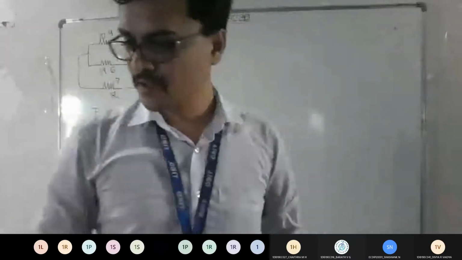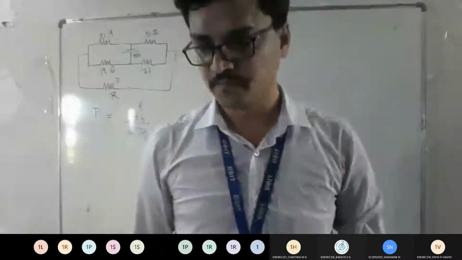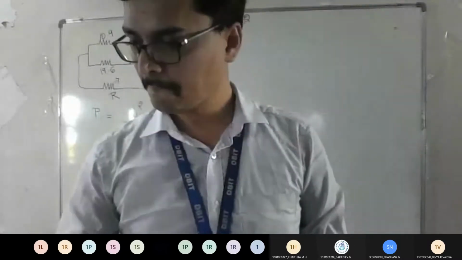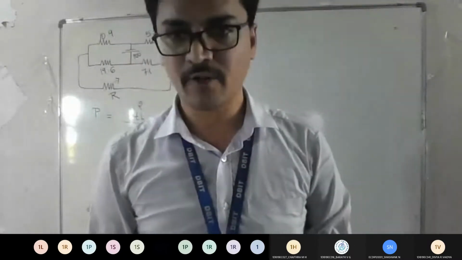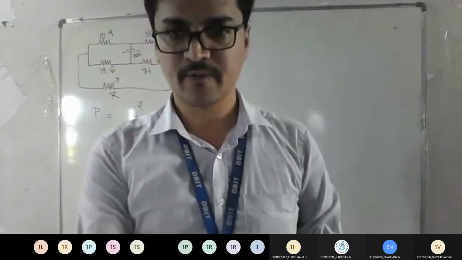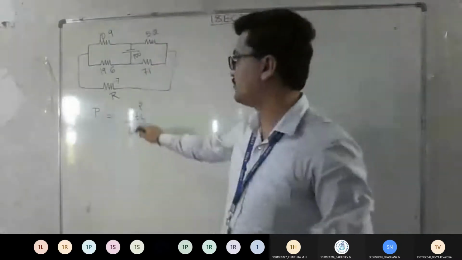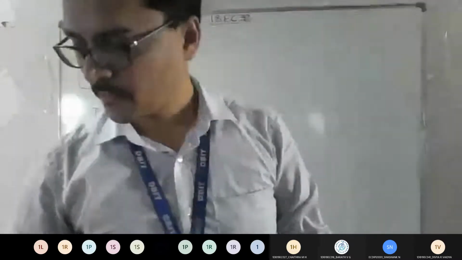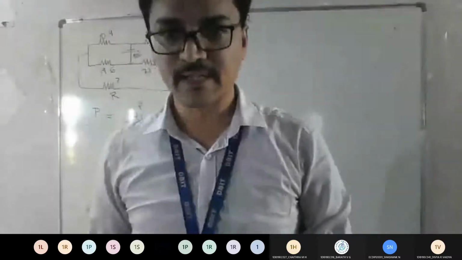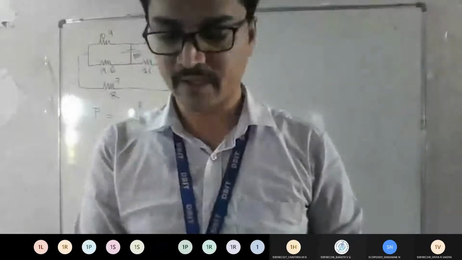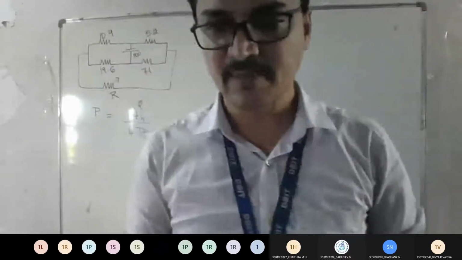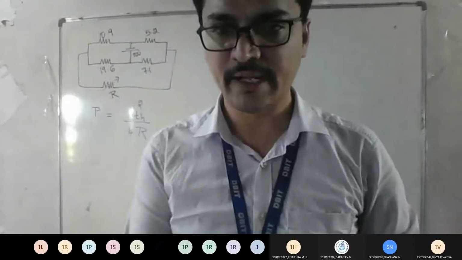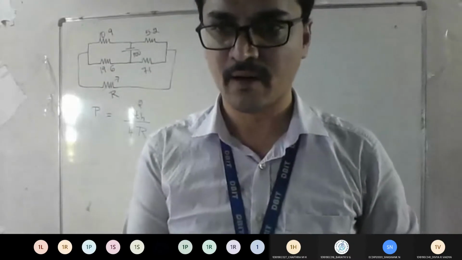What is the question here? For the network shown below, find the value of R that will receive maximum power and also obtain its power.